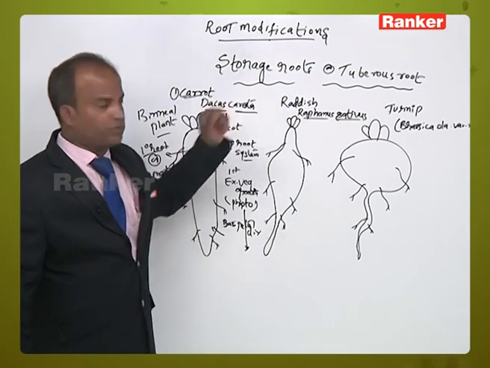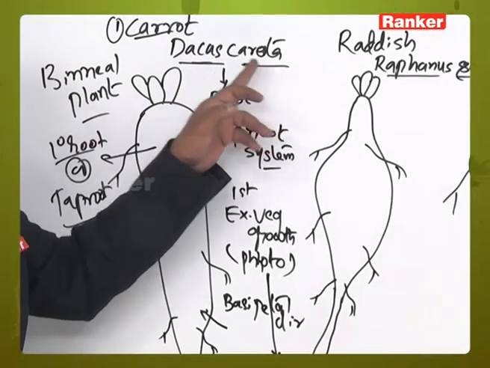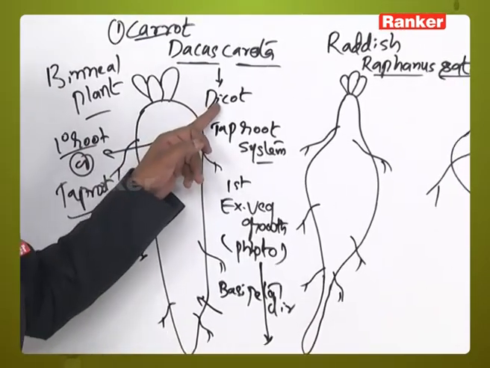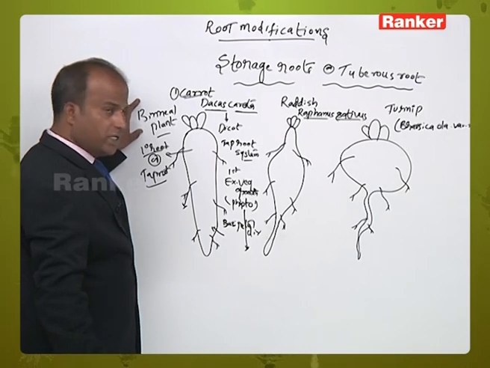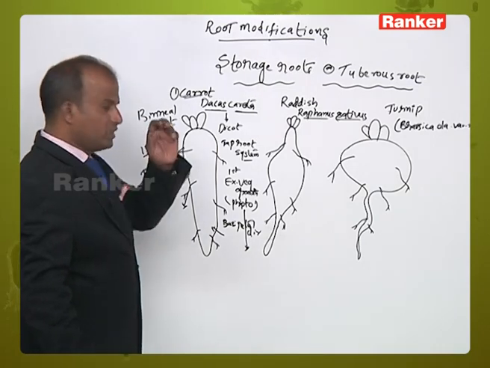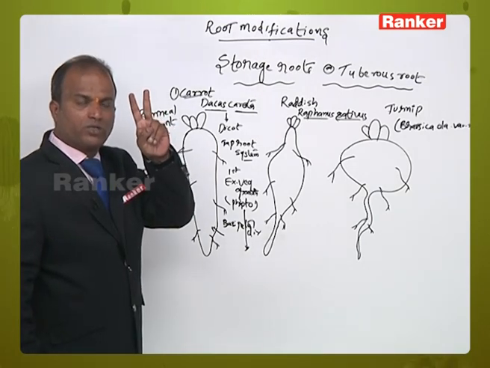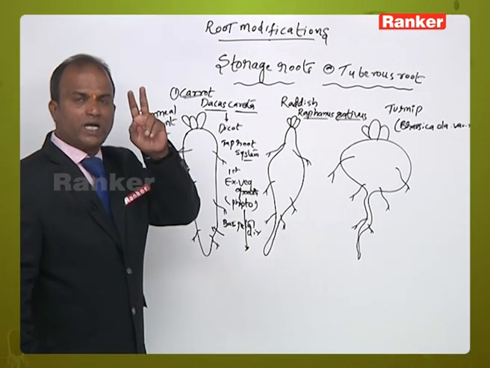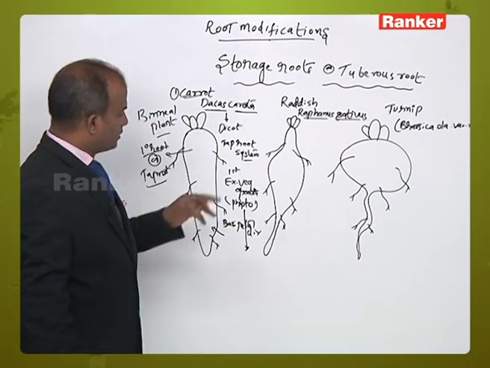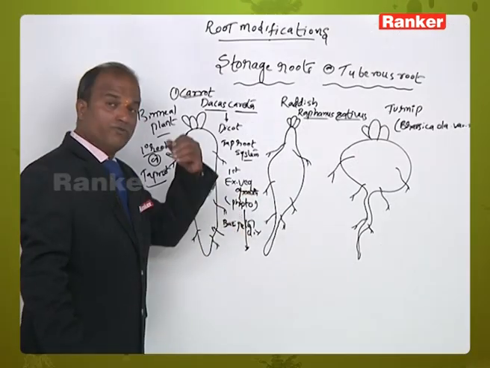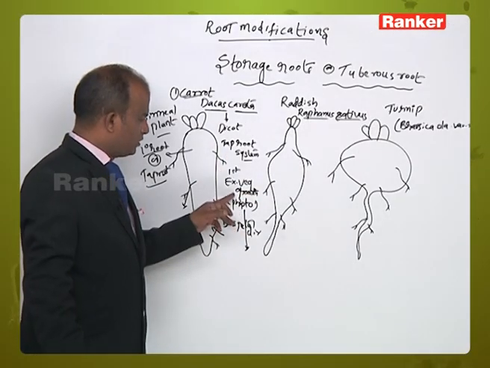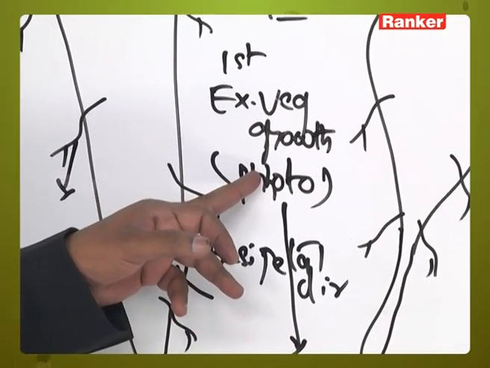So carrot, Daucus carota, is a dicot with a taproot system and is a biennial plant, completing its life cycle in 2 years. In the first year, excellent vegetative growth occurs, more leaves are produced, and photosynthesis occurs.